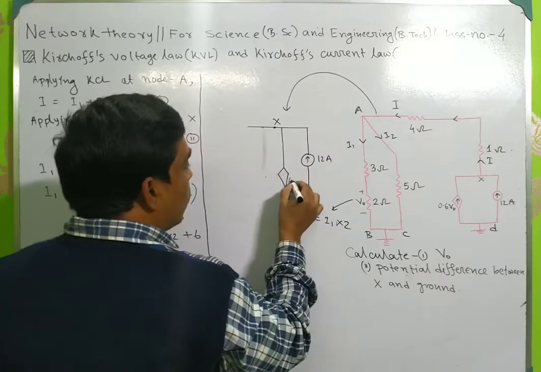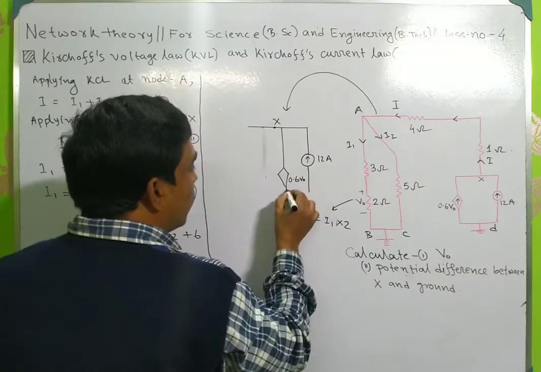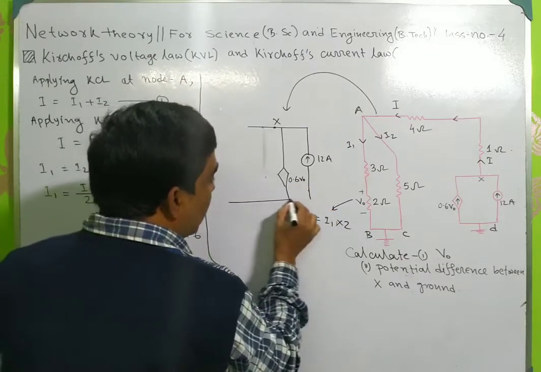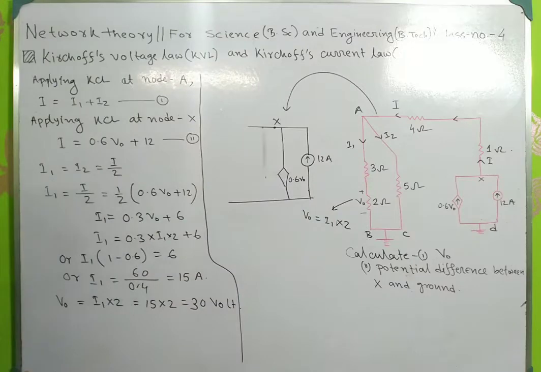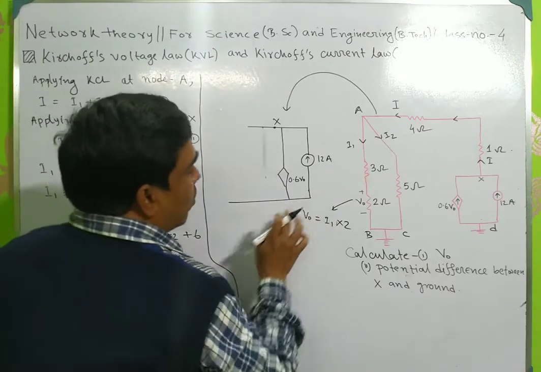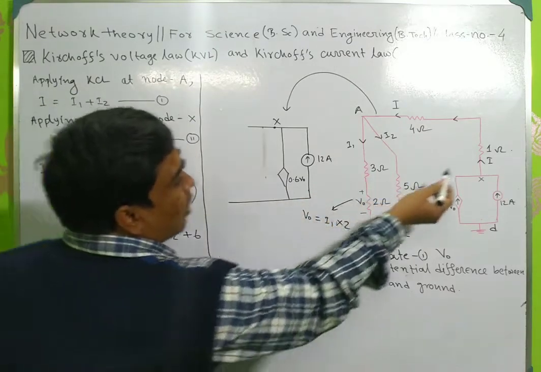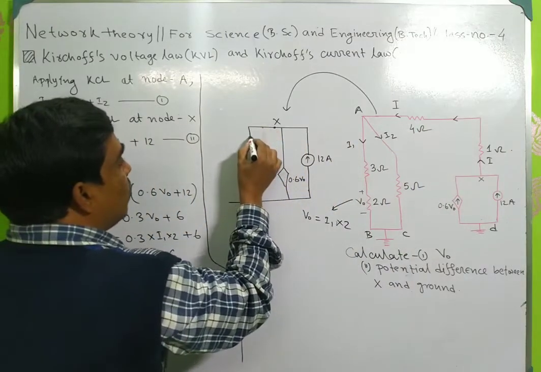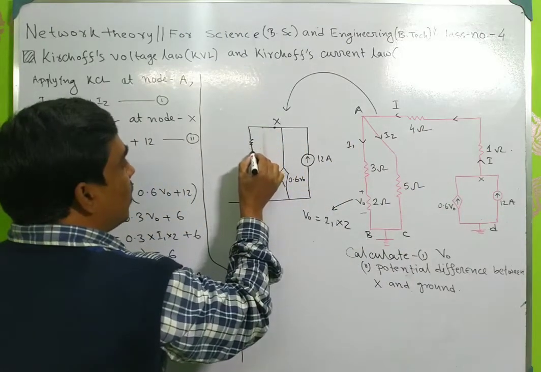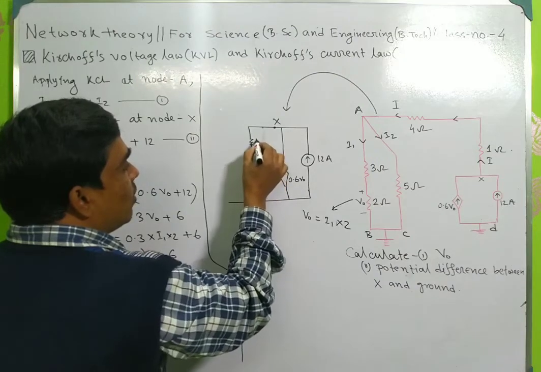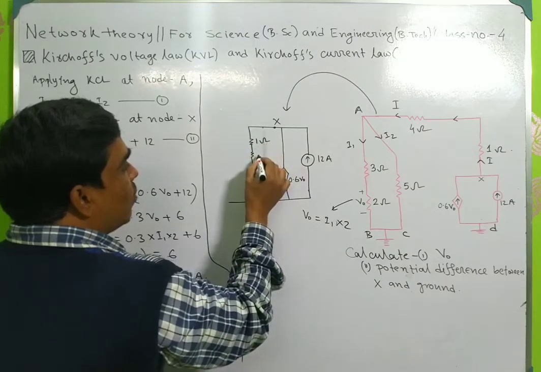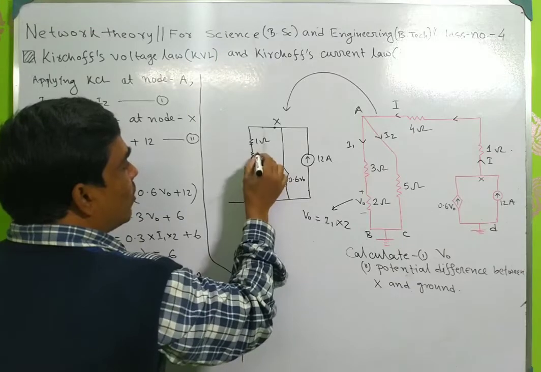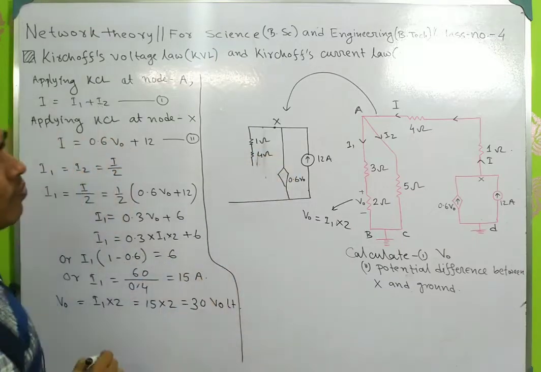This is 0.6 V0. All are the same ground point. Now this is 1, this is 4. So you can join this. This is 1, this is 2. So this is 1 ohm, this is 4 ohm, this is 4 ohm.